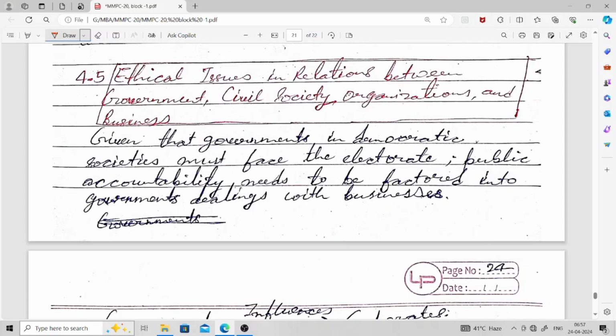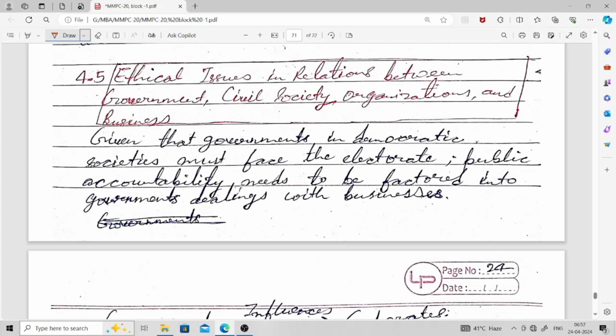Then you have the next topic, that is ethical issues in relation between government, civil society organizations and business. Government, civil society organizations and businesses are interrelated, or you can say interdependent.